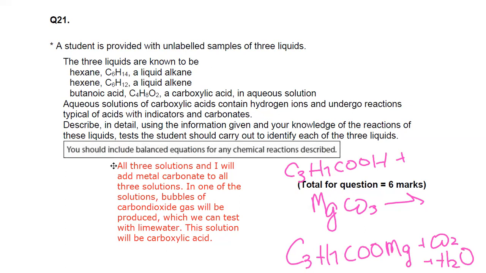I will have to put a 2 over here because magnesium has a charge of plus 2, so I will have to add a 2 over here as well. You can take a look at the rest of the balancing, whether it is correct or not.